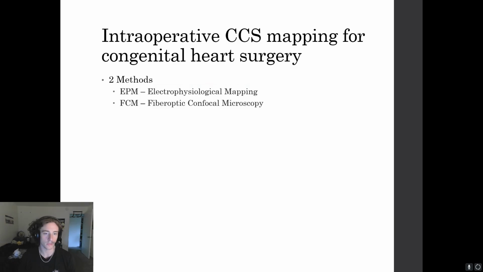Okay, moving on, we're going to be talking about intraoperative cardiac conduction system mapping for congenital heart surgery. So normally with heart surgery, you can just send them to an electrophysiology lab and map out the conduction system, and then you'll have that map which you can use as you do a maze procedure or something.